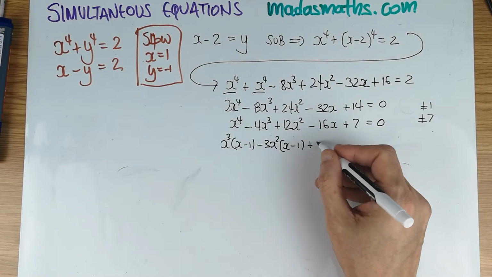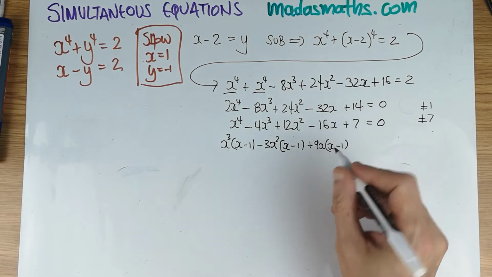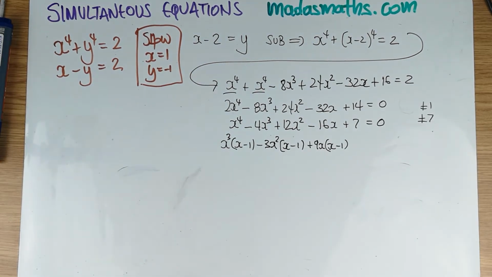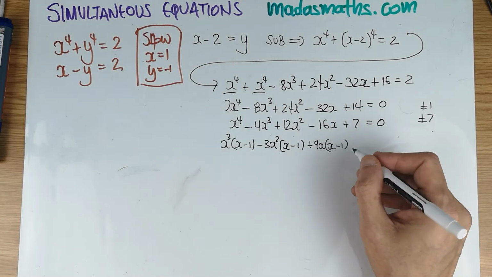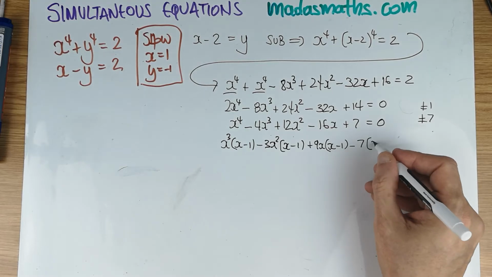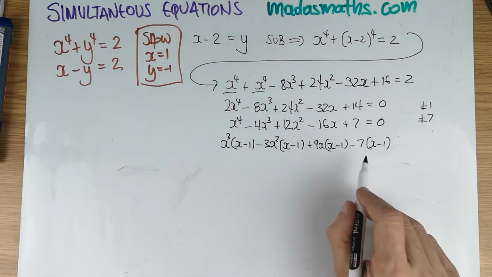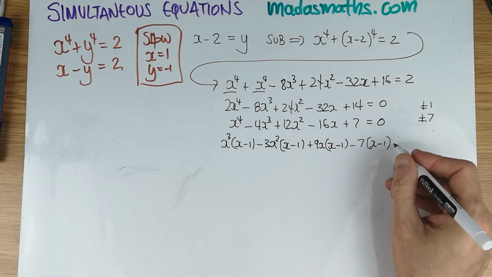I need 12, so I need to add 9x squared. I'm going to write 9x, but now there's my 9x squared, and I got a minus 9x, so I need another minus 7. And this terminates, of course, because now the plus 7 balances up perfectly.